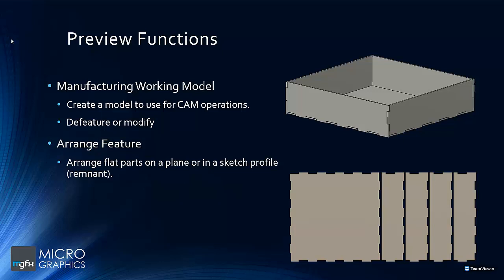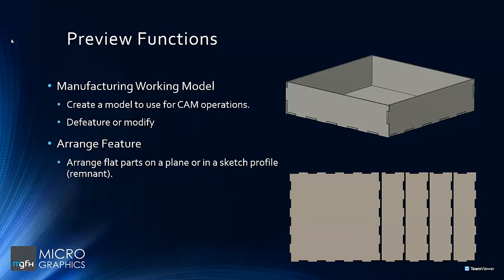As an example, I have often found that programming a chamfer or a fillet can be problematic if it actually exists within the model. So the manufacturing working model allows the programmer to remove these features and make it easier to select profiles and edges for programming.